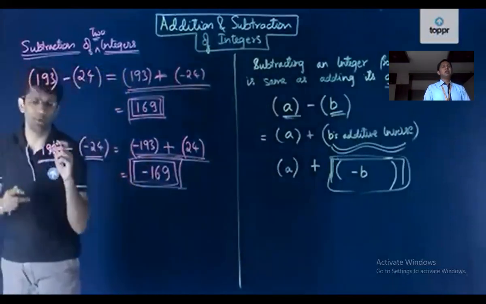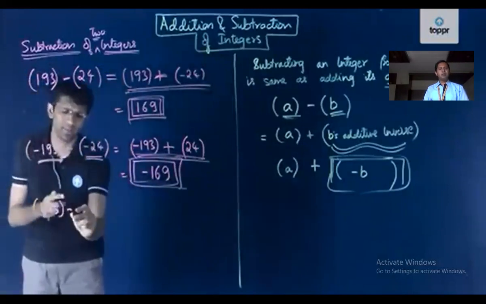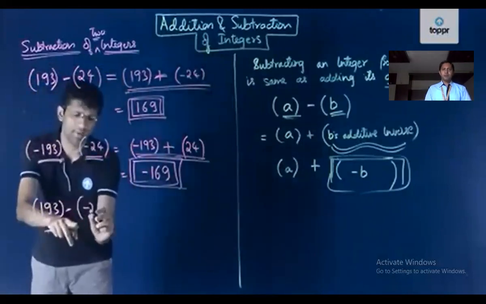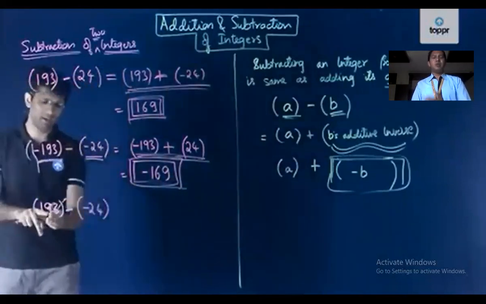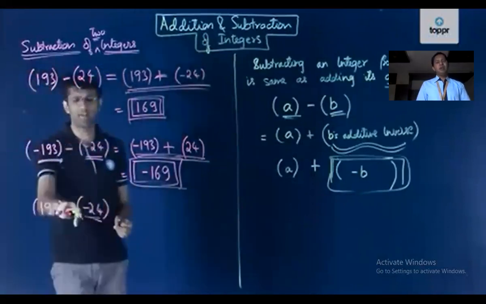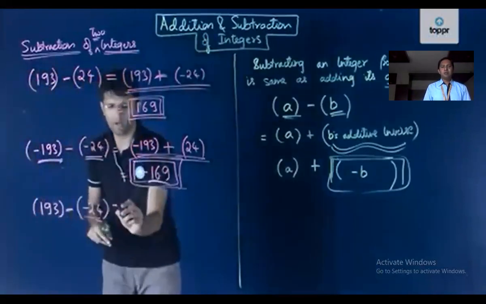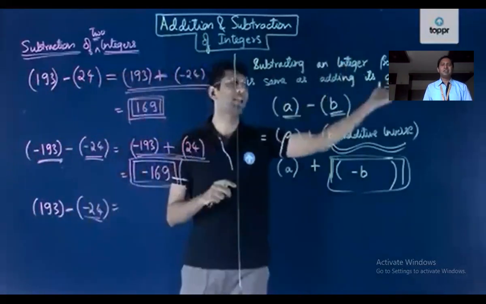Now we'll consider another case. The other case is 193, which is positive, minus minus 24. 193 minus minus 24. As the rule says, we need to find the additive inverse of minus 24, which is plus 24. Additive inverse is what? The same number with a different sign. Exactly.